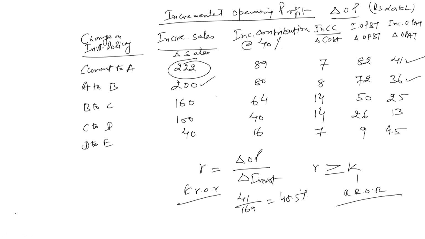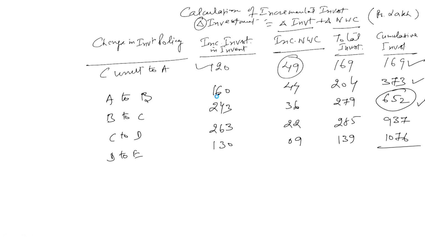So, maximum we should stop at policy B. If you stop at policy B, what will happen? At that level your sales will be increasing by 422 lakhs total, and the incremental operating profit after tax will be 36 lakhs. In the investment part, your investment will not be 652, but lesser, that is 373 lakhs.